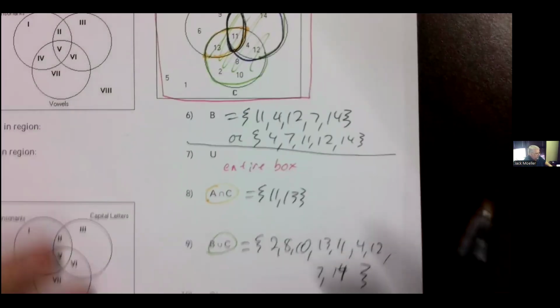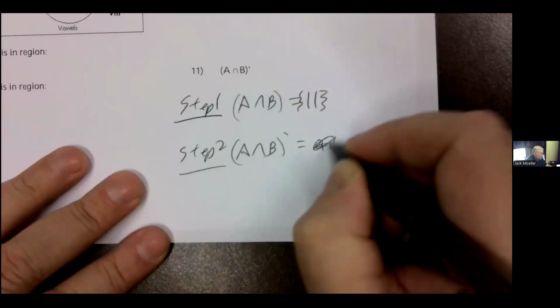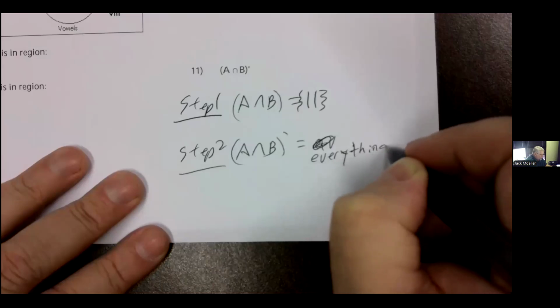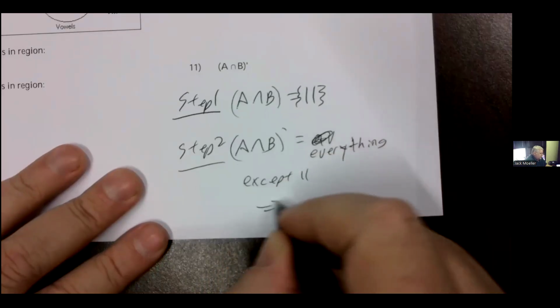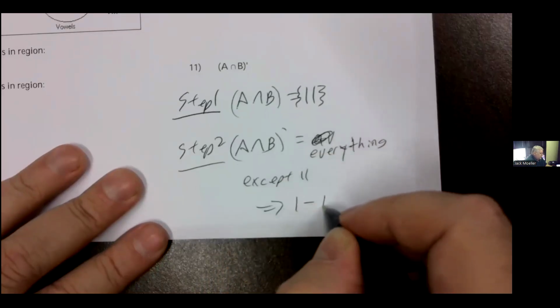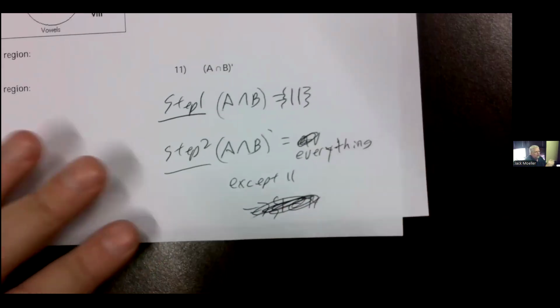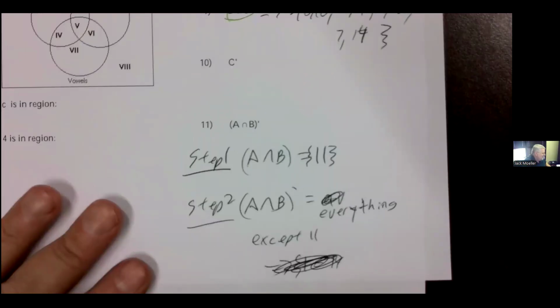I'm going to get a little lazy on writing this out, but this is everything except 11. That's 1 through 14, but you get the idea. Sorry, it's time for lunch, so I'm getting a little antsy here.